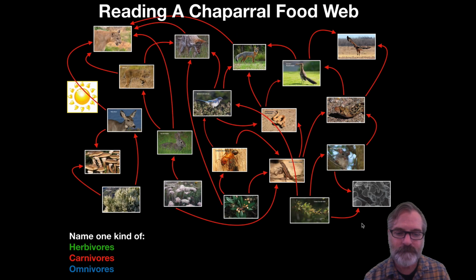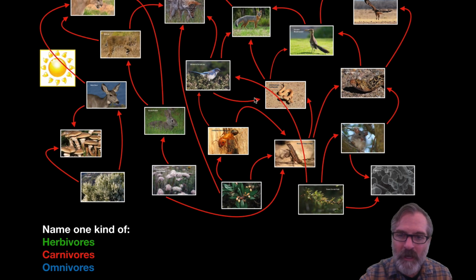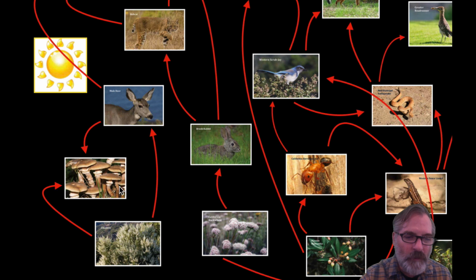All right? So, the other thing you should be familiar with are these terms here: herbivore, carnivore, and omnivore. So, herbivore, let's take a look here. All right, so here is the mule deer. I'm looking, the only arrow I see is this arrow going from chamise to the mule deer, meaning that the mule deer solely feeds on chamise.